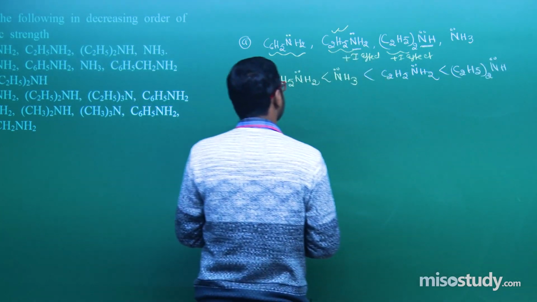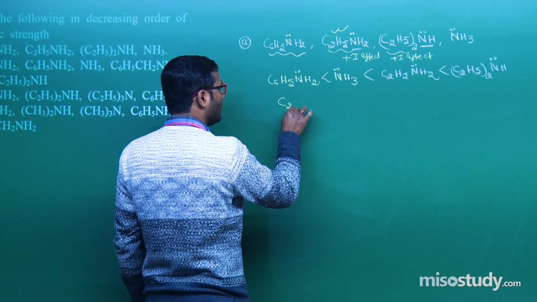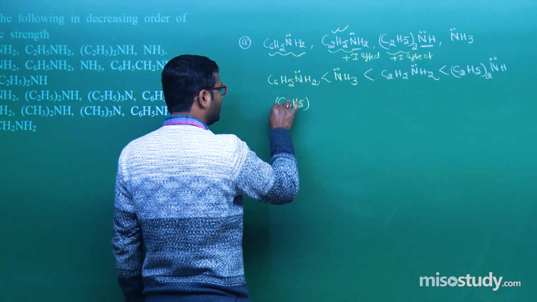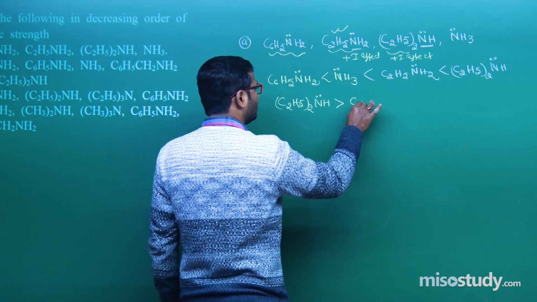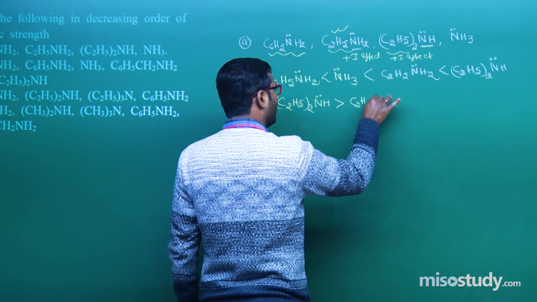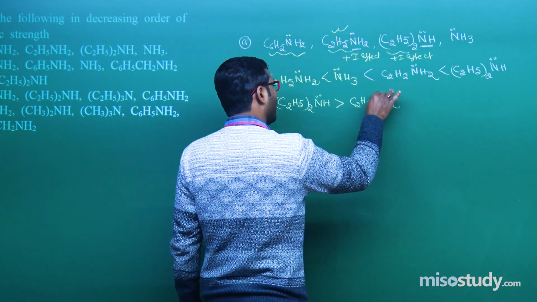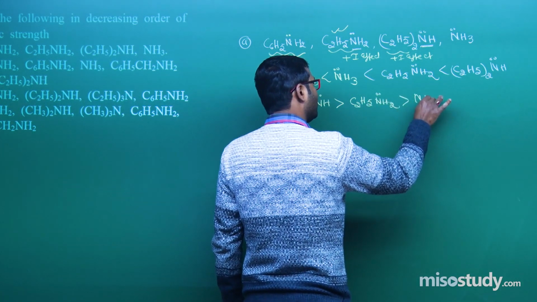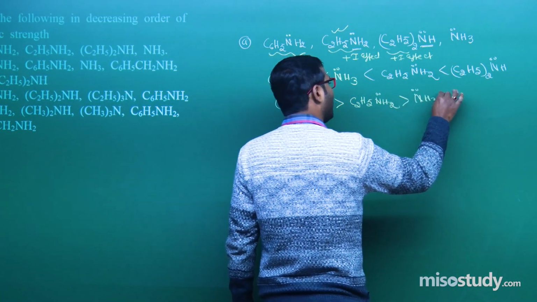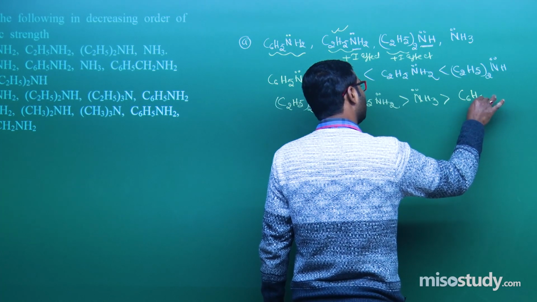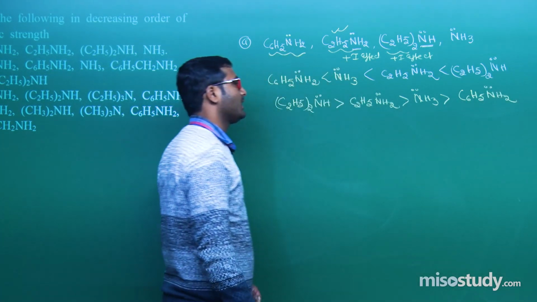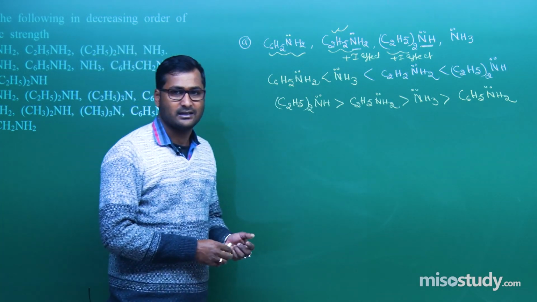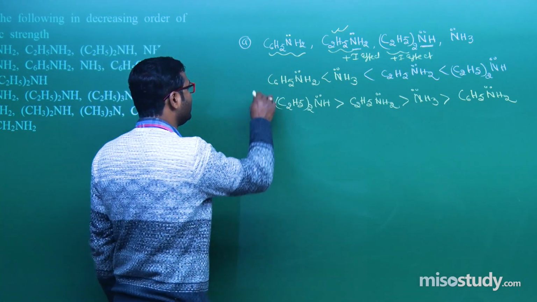This is the increasing order. If you want to arrange them in decreasing order, you will write (C2H5)2NH, then C2H5NH2, then NH3, then C6H5NH2. Am I right? Yes sir, you are absolutely right. This is a simple thing you can easily do.